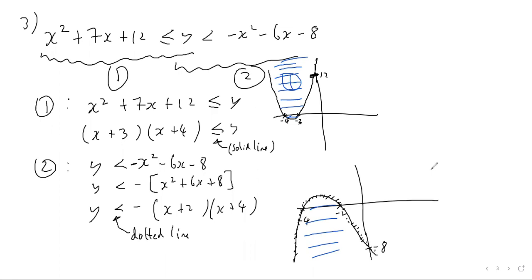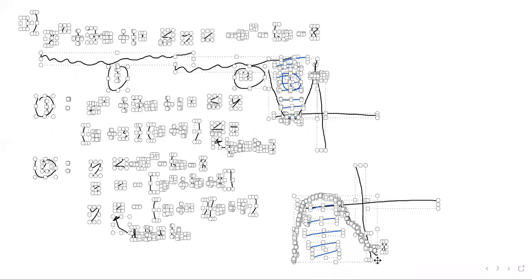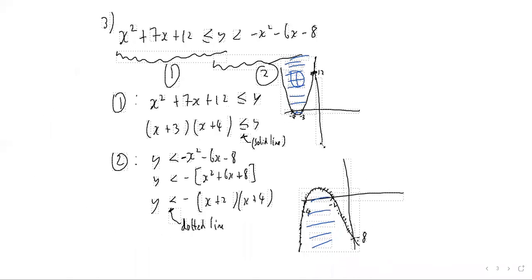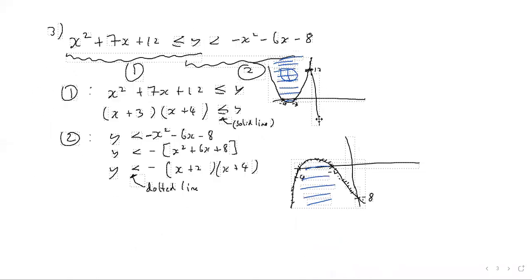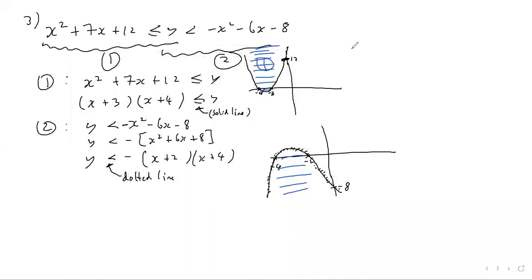Now, we've got the 2 regions, but obviously we want to solve the combined inequality. We want to sketch the region in which the total inequality is satisfied. That's just going to be the intersection of both of those regions. So if we sketch the graphs on a single XY plane, the final region, I'll draw the sketch here.